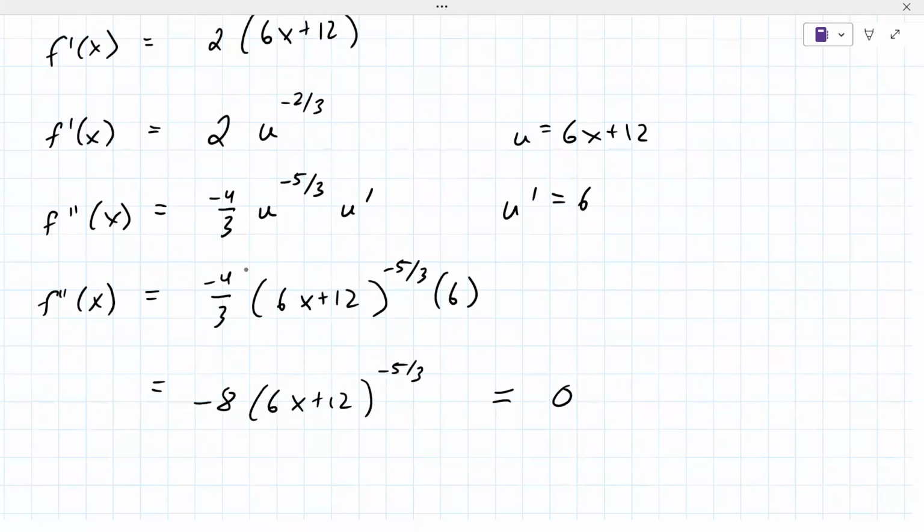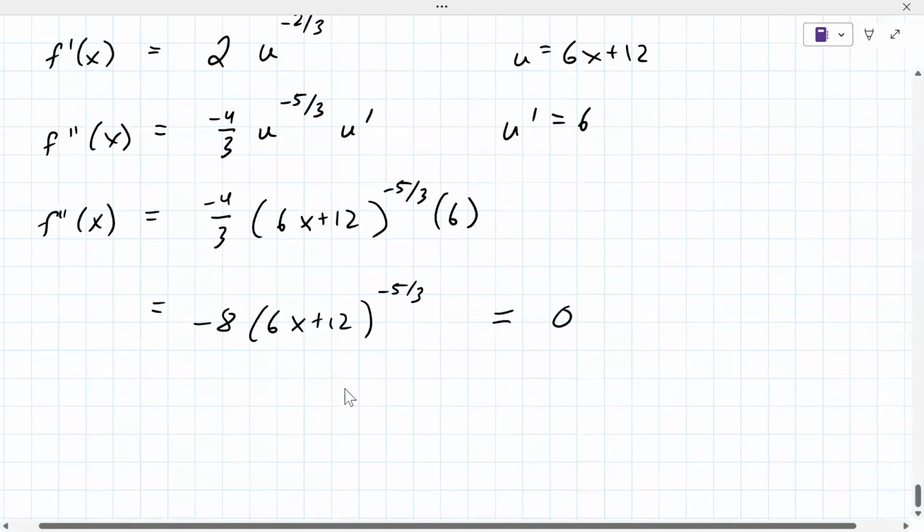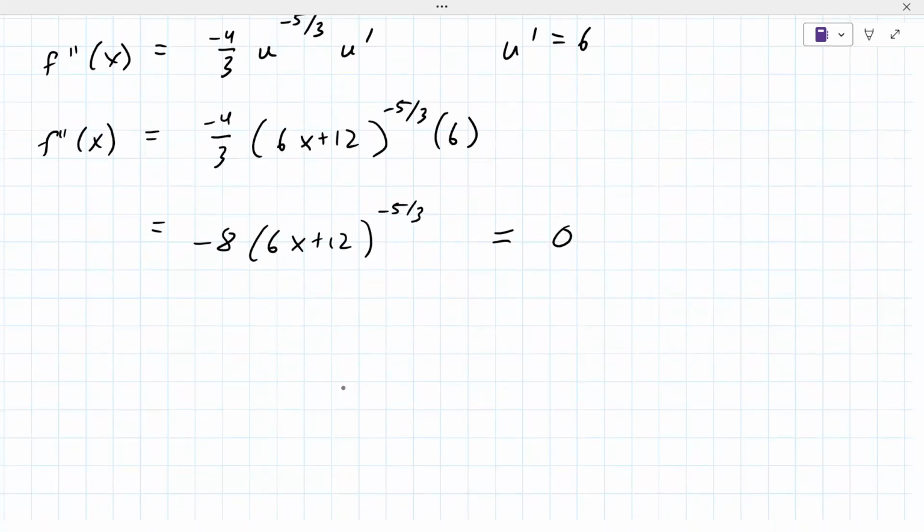Now, normally you set your second derivative equal to 0. For concavity, you're looking for potential inflection points. This one, though, has this problem where, because it's a negative exponent, you recall that what this really means is that it's 6x plus 12 to the 5/3 power.